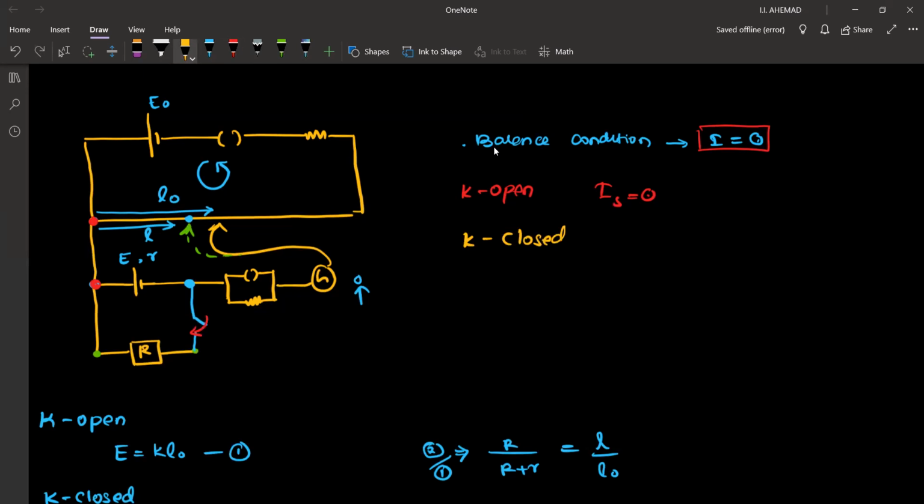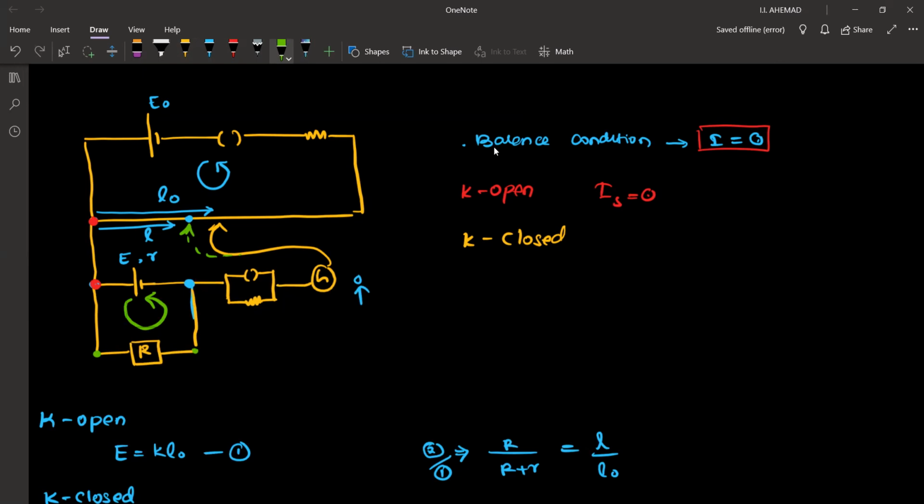When the switch is closed, you have a circuit where the current can always flow. The current can always flow in this circuit. It doesn't have any relation with this primary circuit.